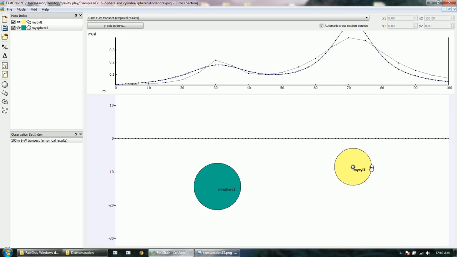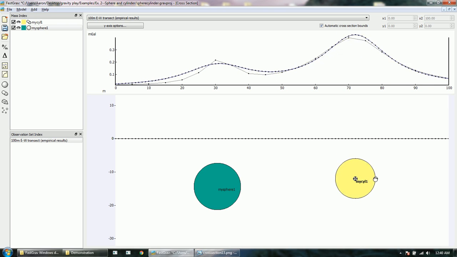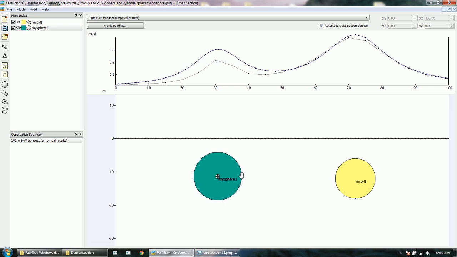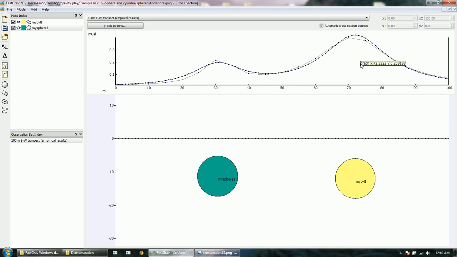Let me make these curves match a little closer. So now I've got my empirical and my modeled curves matching a little closer. I can hover over 2 points, a modeled point and an empirical point, and sort of compare those gravity values directly.